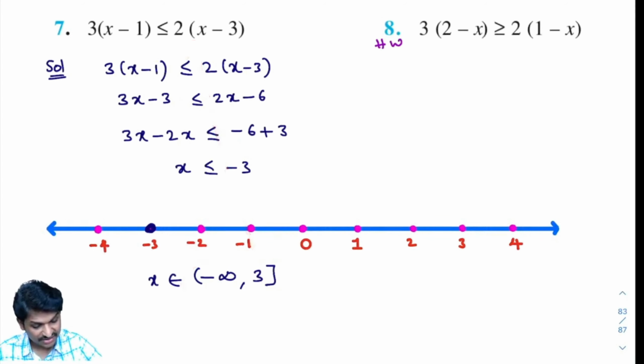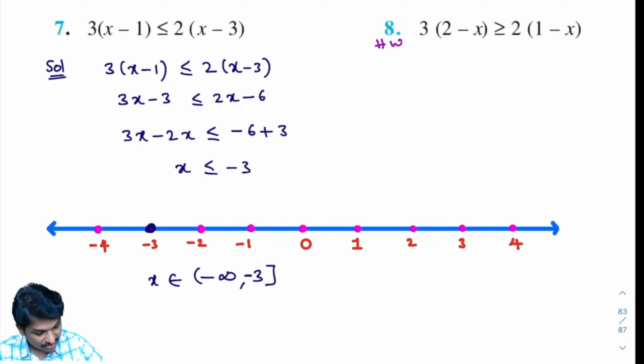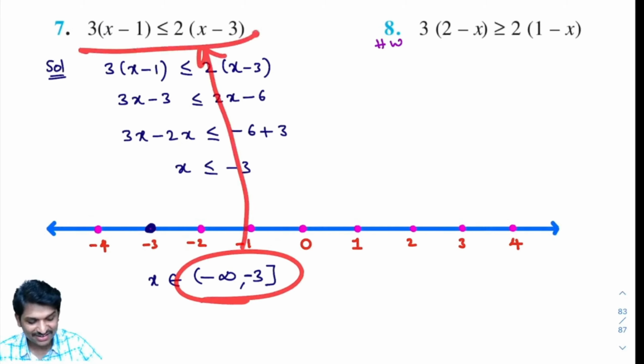Look here, less than or equal to minus 3 is there, right? Which question am I doing? 7th question, x less than or equal to minus 3. You can see what happened: in this interval, 1 is not there. That's why that is not satisfying this inequality.